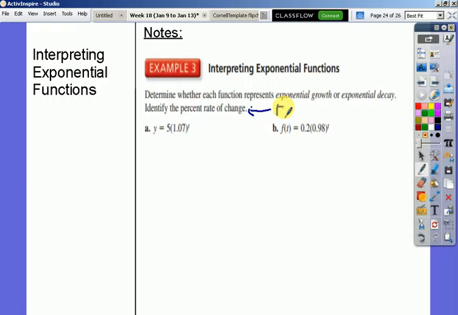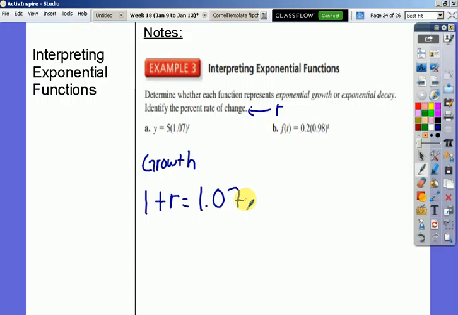What do you think that is? Is that a growth or is that a decay? That's a growth. How do you know? Yeah, it's greater than 1. So we already know it's a growth. How do you suppose we determine our R value? Any ideas? Yeah, exactly. So in other words, we just set 1 plus R equal to 1.07, right?